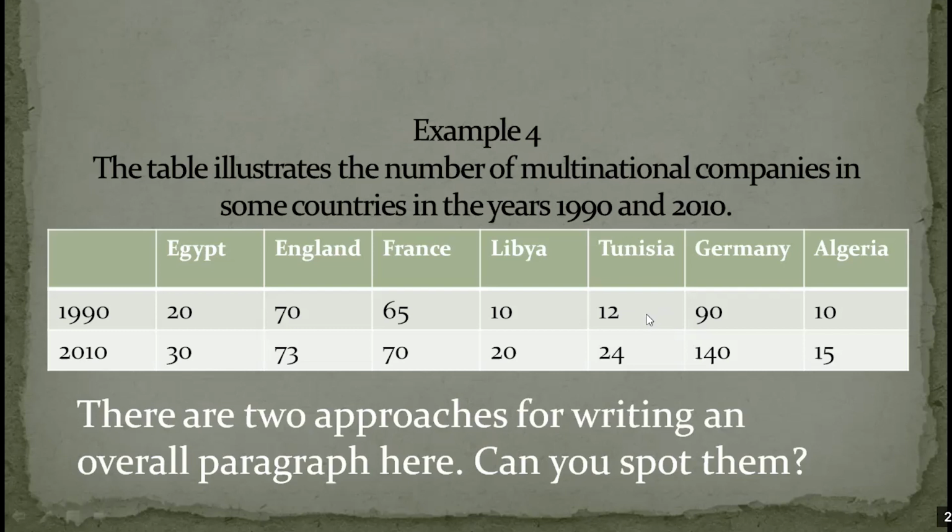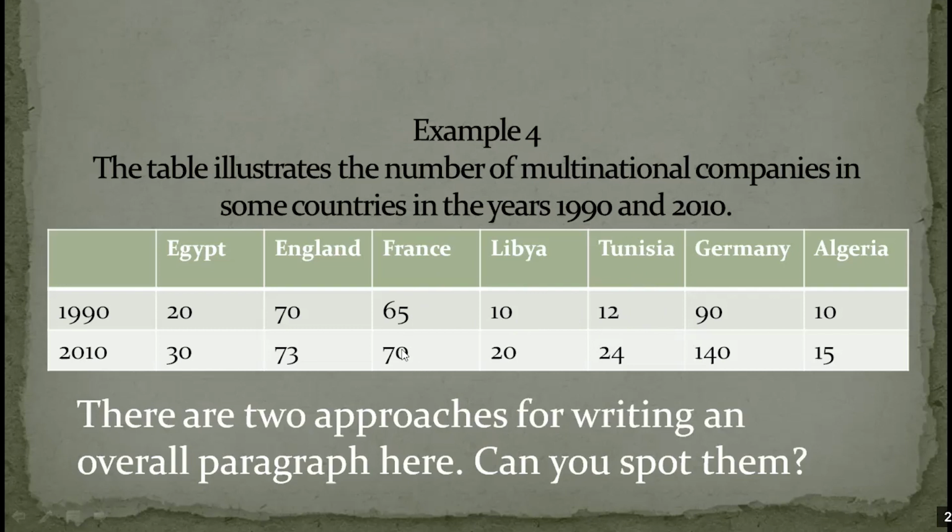So let's say that this number is going to be 10. If the increase in the number of multinational companies is more than 10, then we are going to call it big increase. Here in the situation, Tunisia is 12. So we're going to say that Tunisia is a big increase. Libya, that's 10. So that's exactly the number. So let's make it 10 and above. So Libya is big increase. France, that's 5.